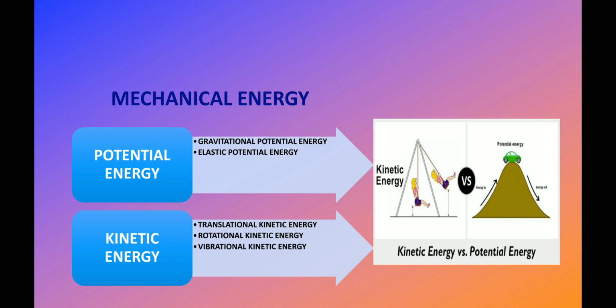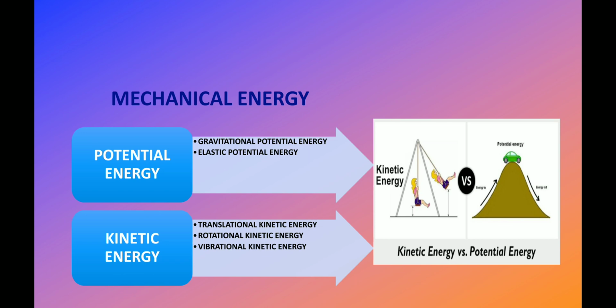Rotational kinetic energy is possessed by a rotating body, for example, a spinning top. And vibrational kinetic energy is possessed by a body having vibrational motion. For example, the molecules vibrate about their mean position, so they possess vibrational motion and hence vibrational kinetic energy.